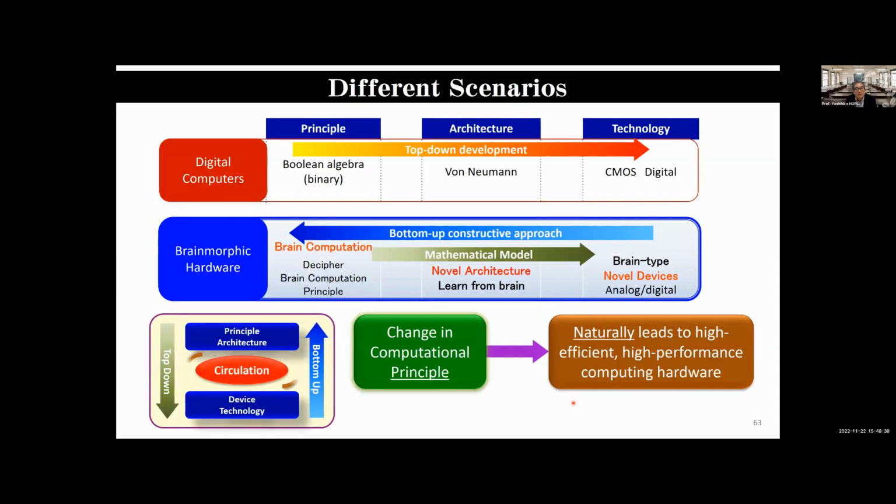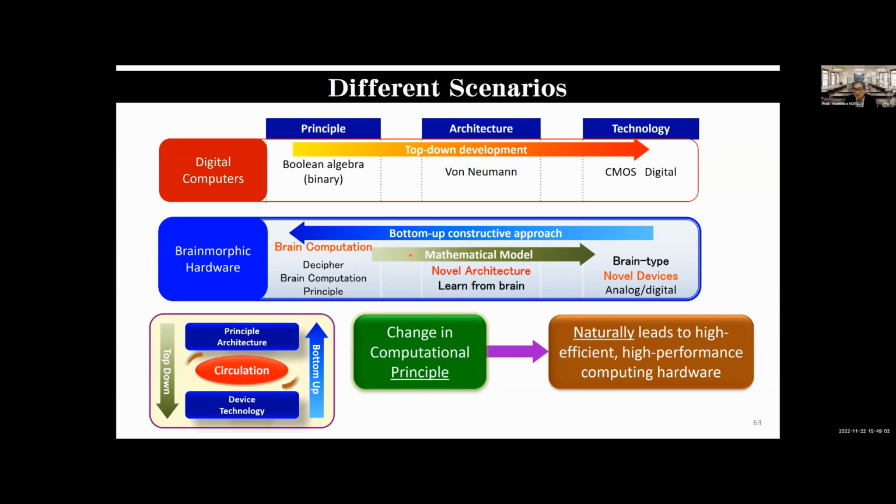Finally, I will show you the different scenarios again for digital computers and brainmorphic hardware. Here is the top-down, and this is the bottom-up approach. But this green arrow, which is the top-down arrow using a mathematical model, is also very important.